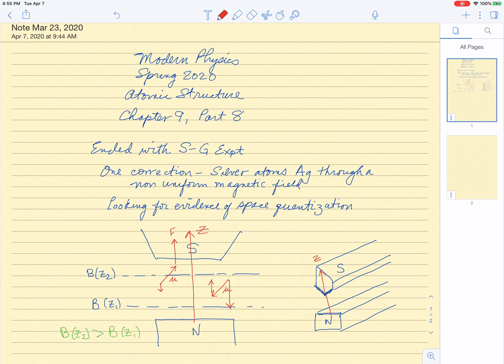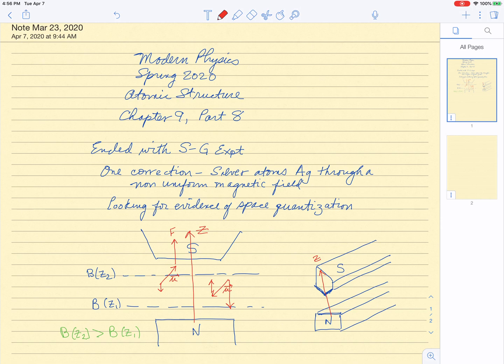So what we have is that there's going to be a torque on these mu's to try to align them with the field, but you know that it can't do that. So these mu's are actually going to precess in the field.